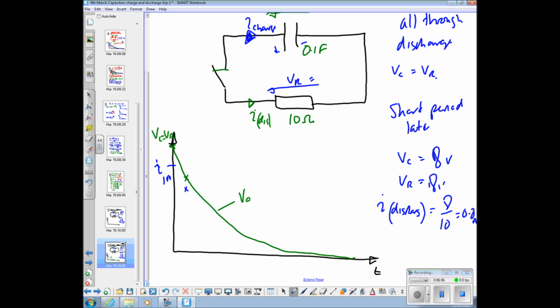So that's VC, and VR would take that same path, and then the current would also do that and not quite get to 0. So all the quantities will take an exponential decay path on discharge. Okay?